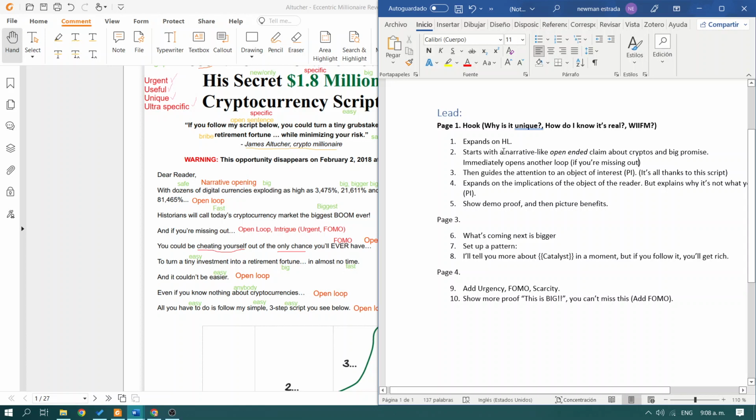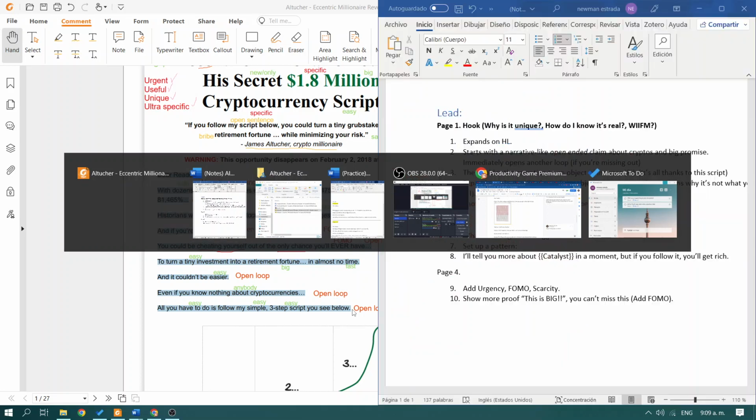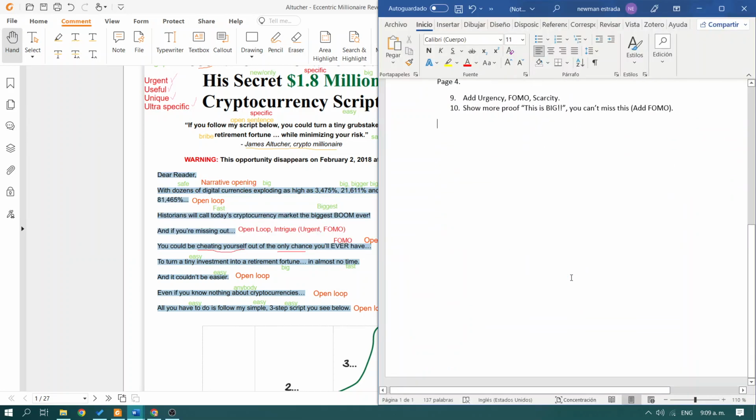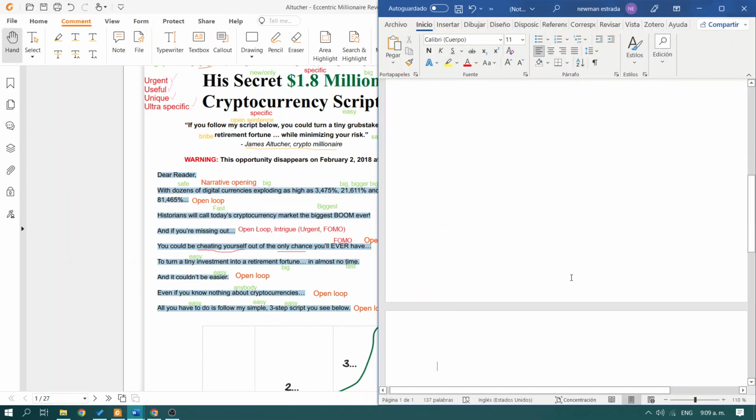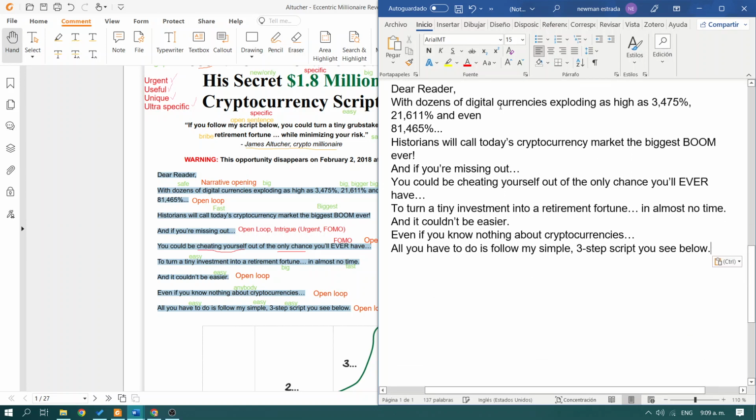But what I've noticed here is that he uses a lot of open loops. And I'm going to show you what that means. I'm going to delete this later, but just so you can see for yourself.